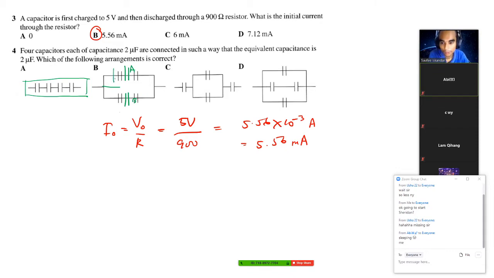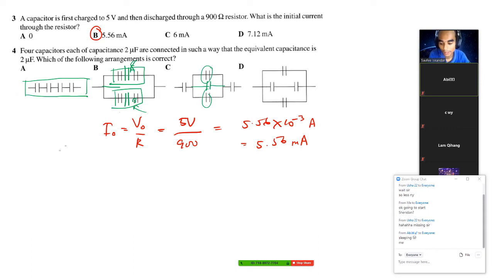So you have a series here combined into A, a series here combined into B, and then you combine A and B as a parallel. And on this side you combine the top and the bottom as one equivalent; these two are connected in parallel.